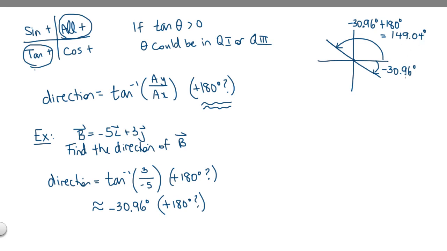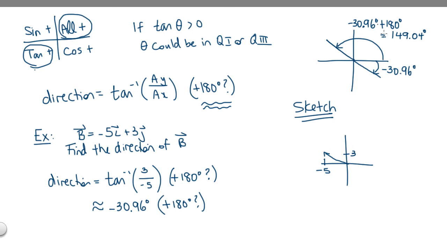One of these two answers is the correct one. To decide, this is where a sketch comes in super handy. Just a very quick sketch of what our vector b actually looks like. Remember, it was going -5 units in the x direction, 3 units in the y direction, so it's looking like this.